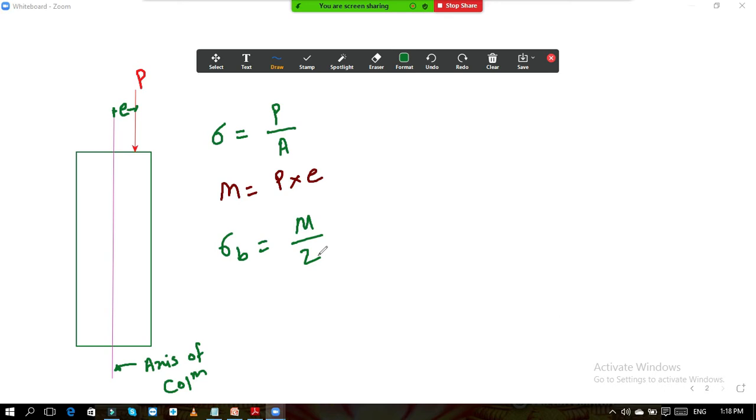So when a column is eccentrically loaded, we call it an eccentrically loaded column.